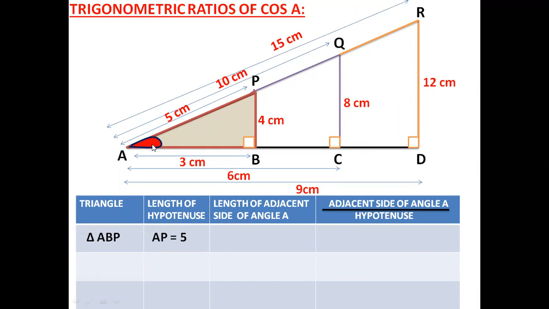So this is angle A. BP is the opposite side to the angle A. AB is the adjacent side to the angle A. So here you have to write AB is equal to 3. Now ratio of adjacent side of angle A and hypotenuse. So AB by AP is equal to 3 by 5.